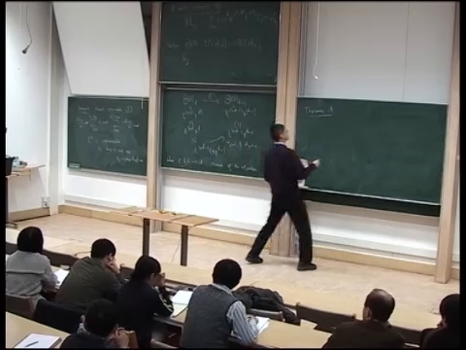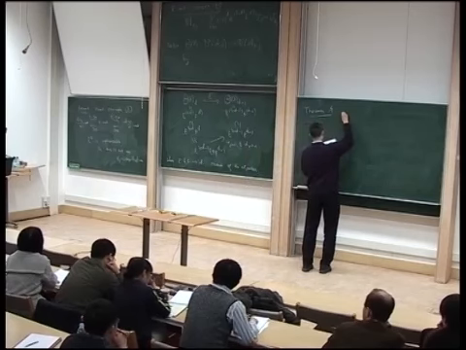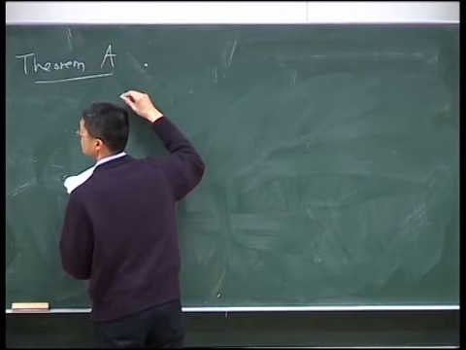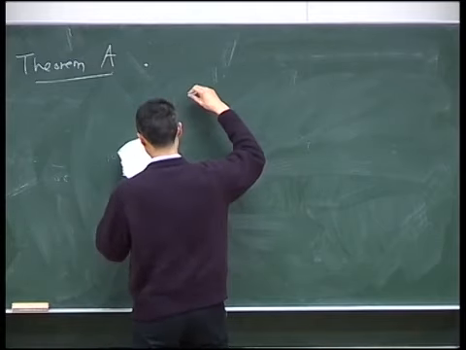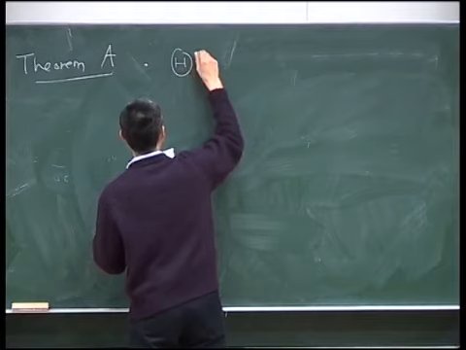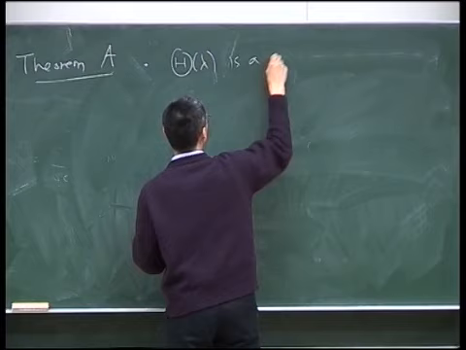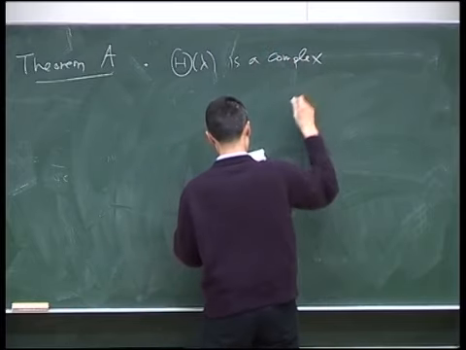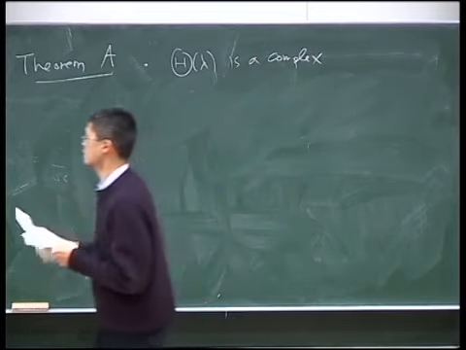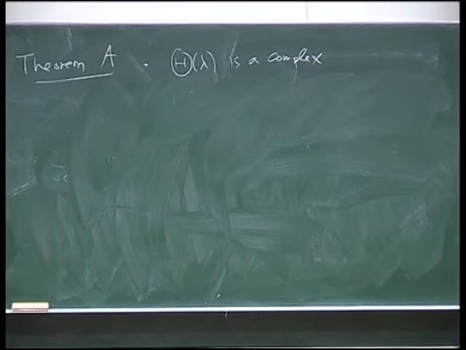So the first thing to check is that this indeed defines a complex, namely that the square of that differential is 0. And that's not true the way I've done it.